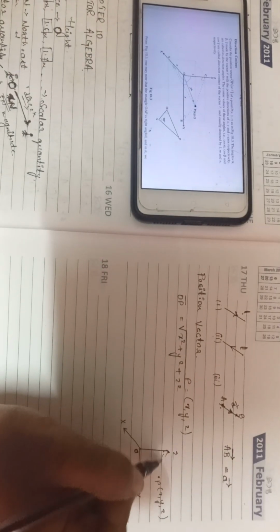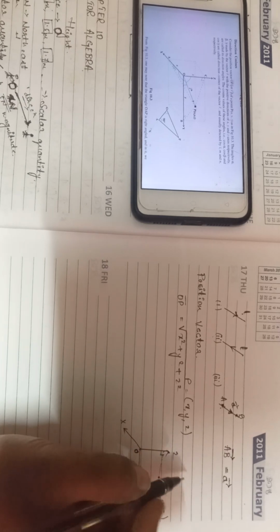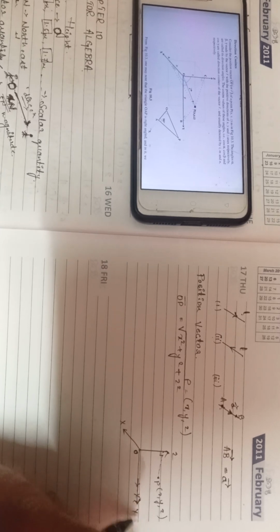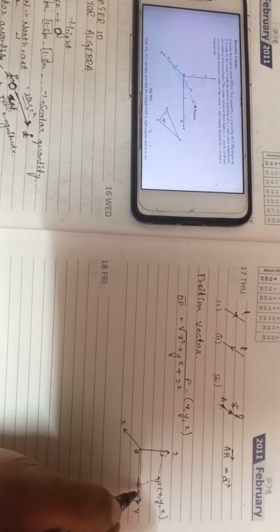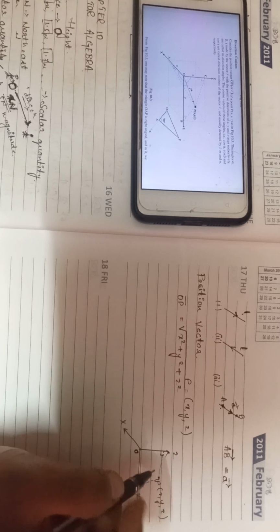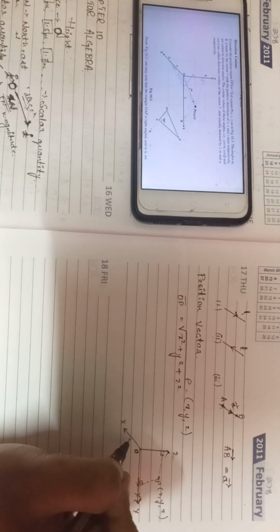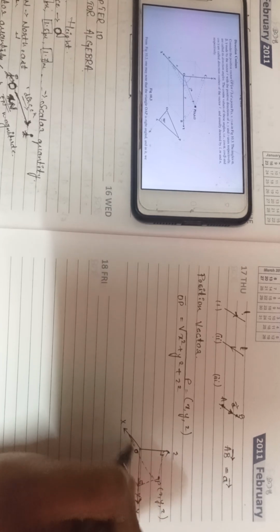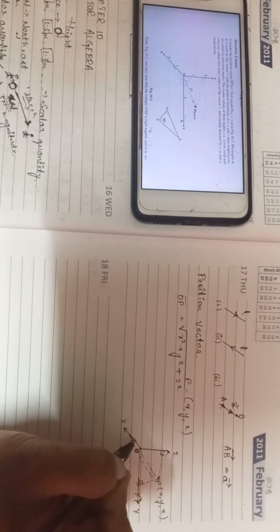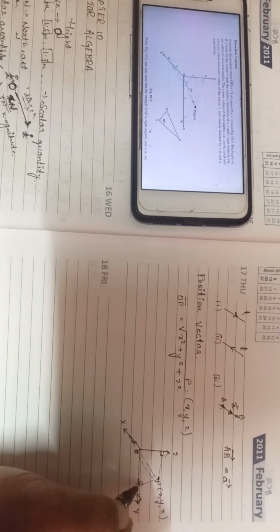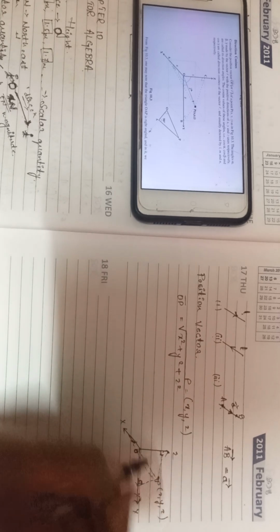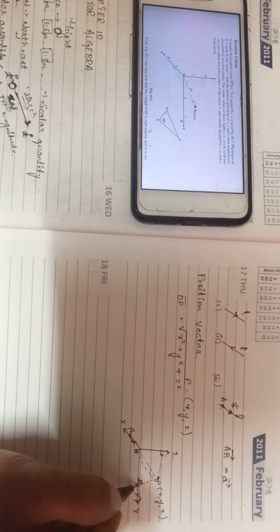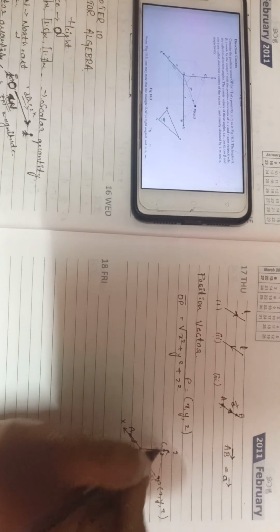See, from here to z axis, this is a perpendicular line. Again from here, let me extend this, to y axis, this is a perpendicular line, and again I am going to draw one more perpendicular line to x axis. This is 90 degree, this is 90 degree, this is 90 degree and this is 90 degree. I will call this point as A, this point as B, and this point as C.